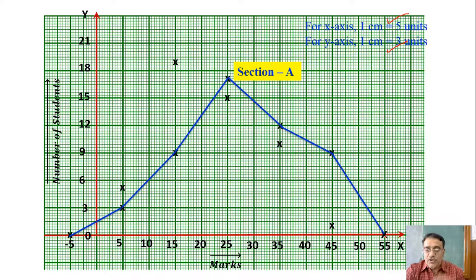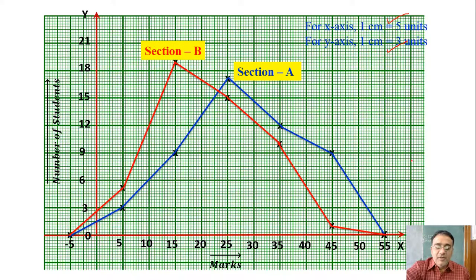Now we have to join all these points by using line segments. We'll start from -5: 1, 2, 3, 4, 5, 6. So this is the section B polygon.